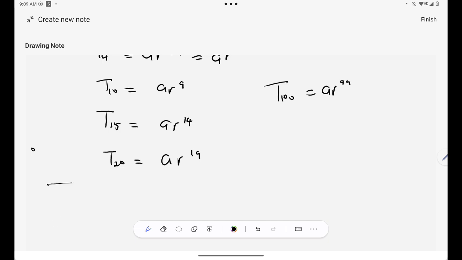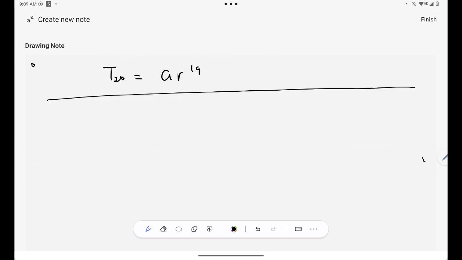Okay, yeah. Here's the example. Please write it down as well.